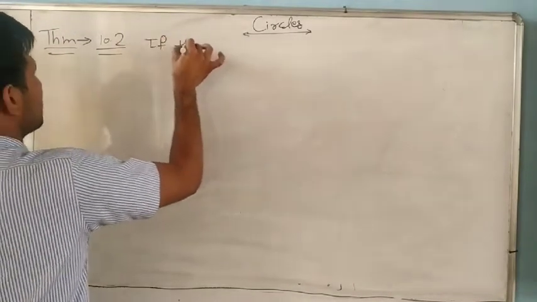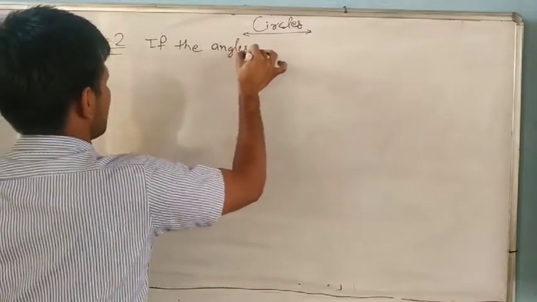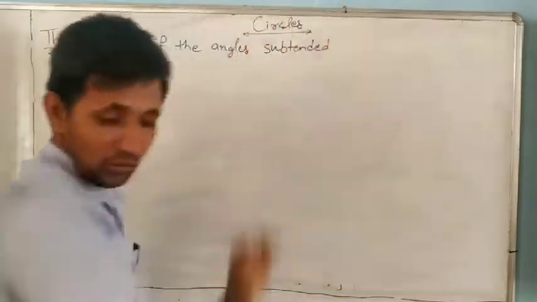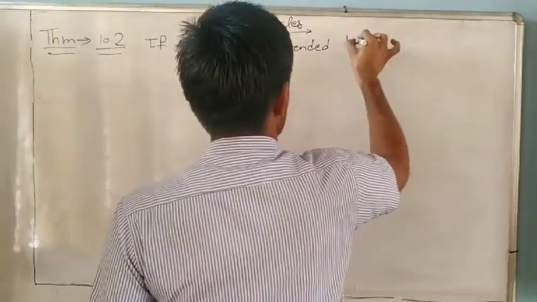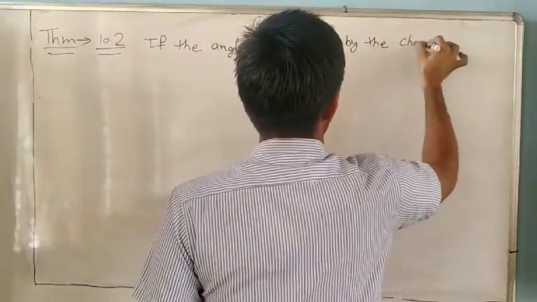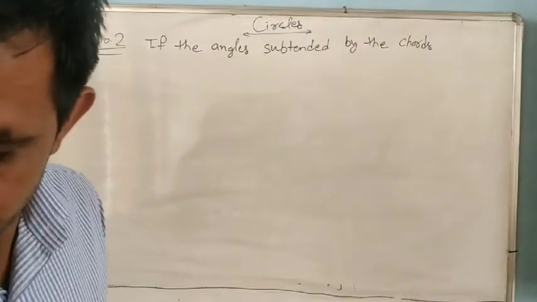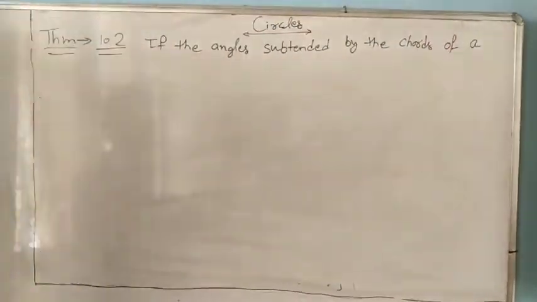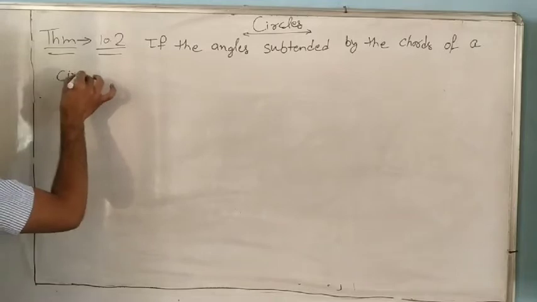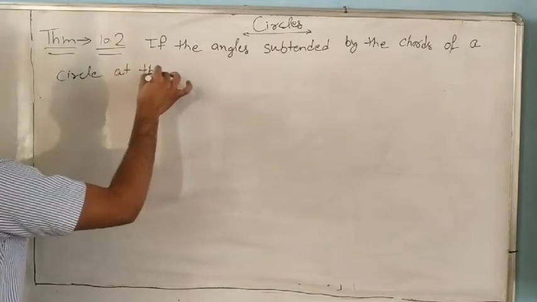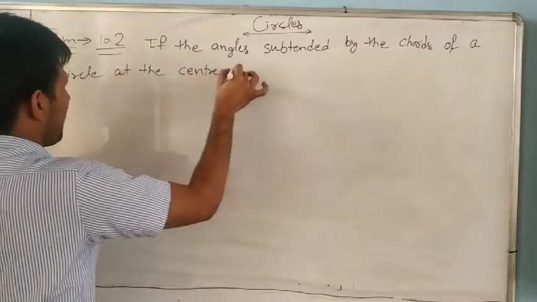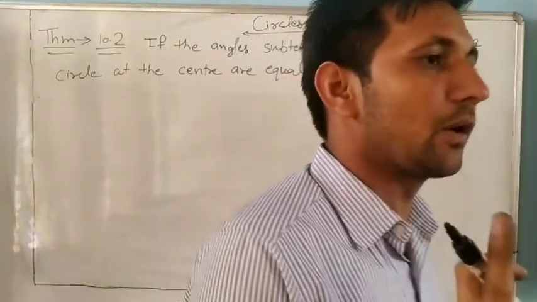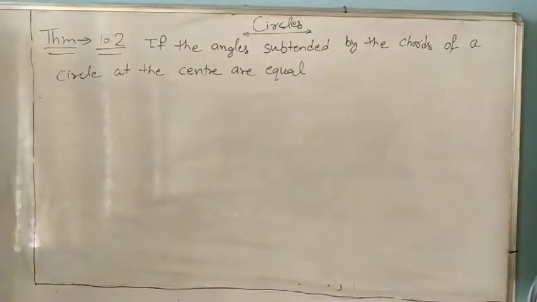So write, what is the theorem? If the angles subtended by the chords of a circle at the center are equal, note it down. In the first part it is given that chords are equal and we have to prove that the angles subtended by the chords are equal.